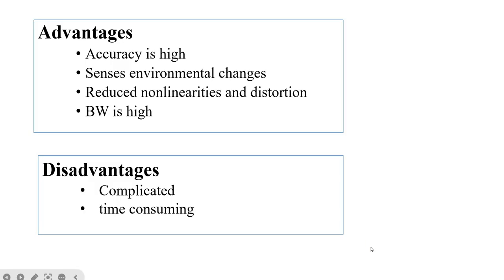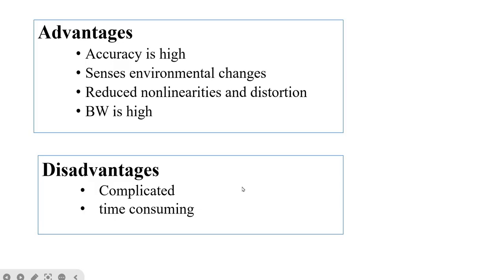Here it will sense the environmental changes as well as the internal disturbances, and accordingly it will modify the error. In such types of systems you have reduced non-linearities and distortions. And last, the bandwidth is very high because the operating frequency zone for such a system is very high.